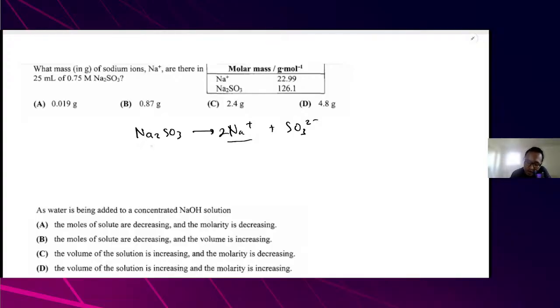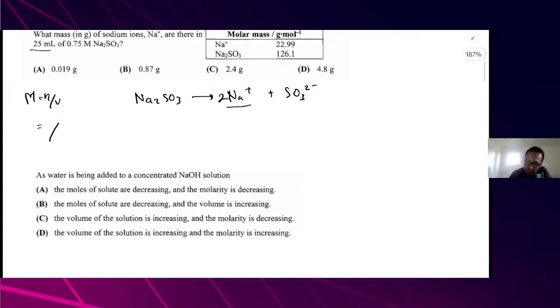Now we need to find the moles here. We already discussed this in the stoichiometry in the previous part, but now we apply it again. So M and V. The volume here is 25 milliliters, which is 0.025 liters, and M is 0.75, times 0.75.